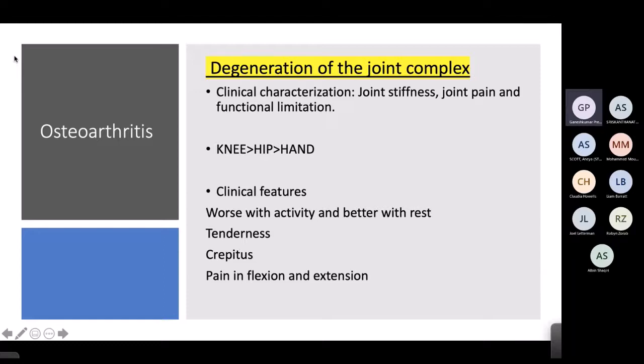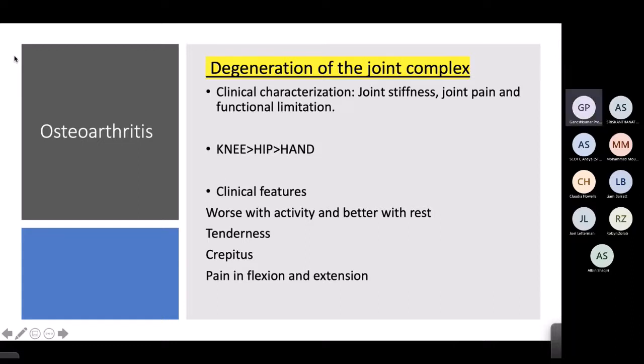Tenderness and crepitus are actually two of the most common clinical findings in osteoarthritis. So the patient telling you it's worse for activity, better with rest, yes, but on examination, tenderness and crepitus are very, very sensitive for osteoarthritis. Also, you don't really see crepitus in rheumatoid arthritis. It's another differential there. Crepitus is caused by the bone and bone rubbing. That's what you're either feeling or sometimes even hearing.